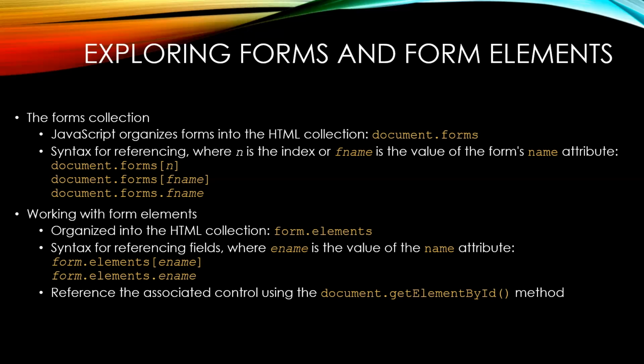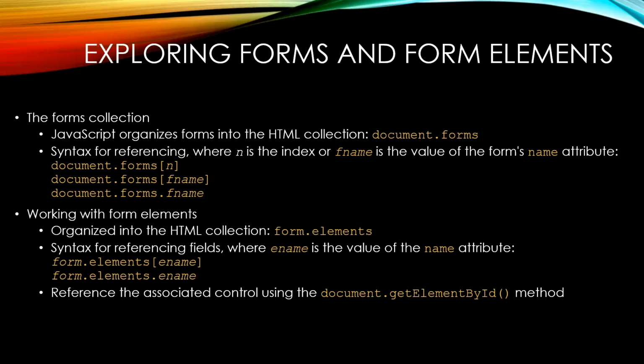Or we can ditch the square brackets and say form.elements.ename. In this syntax, what's going to change is the word form, because it's italicized, and ename. So whatever your form variable name is called is going to be where it says form. The .elements is what stays the same. And then you're going to have a dot and then whatever field you're referencing.